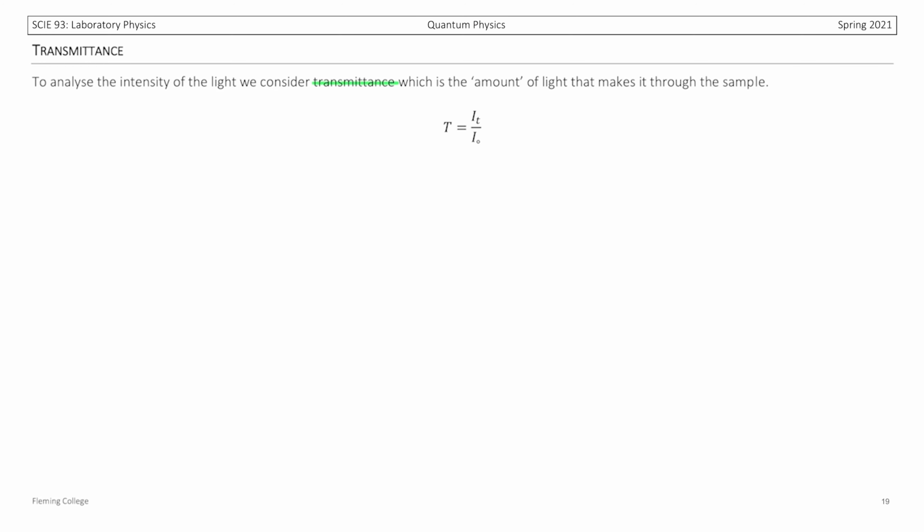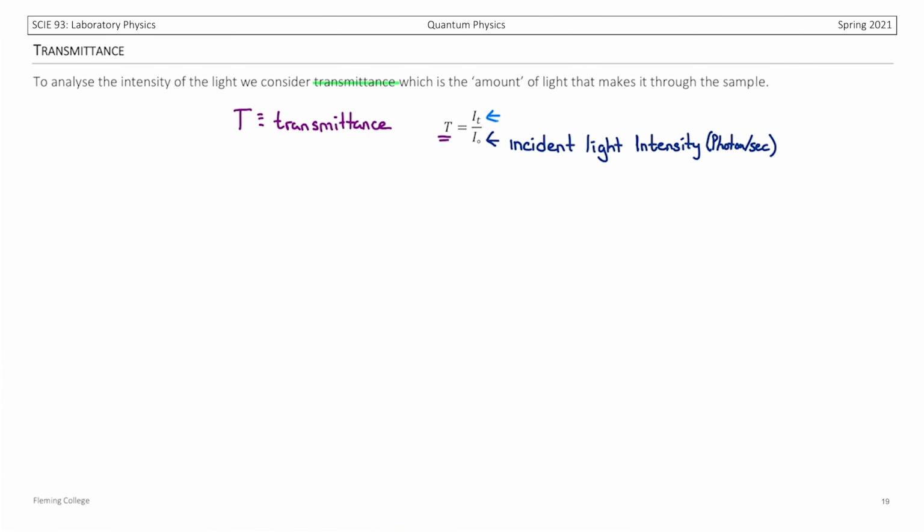And we have the equation T is equal to IT over IO. So T is the transmittance. The IO on the bottom is the intensity of the incident light, and for this example, we're going to measure that in photons per second. And IT is the intensity of the transmitted light, again measured in photons per second. You may notice here that if we're measuring in photons per second and photons per second, T will not have any units.